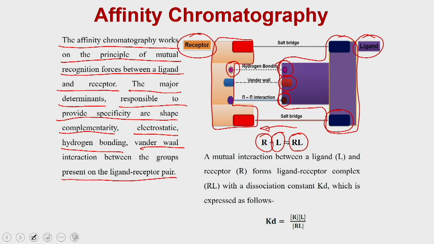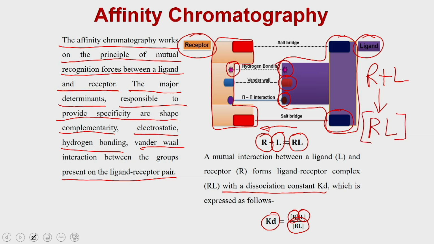That is why the dissociation constant of this interaction, Kd, is equivalent to the concentration of R times the concentration of L divided by the concentration of RL. So, you can imagine that a receptor is making an interaction with L, or the ligand, giving you a receptor-ligand complex.